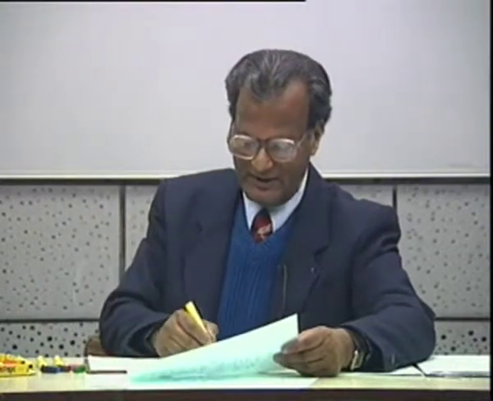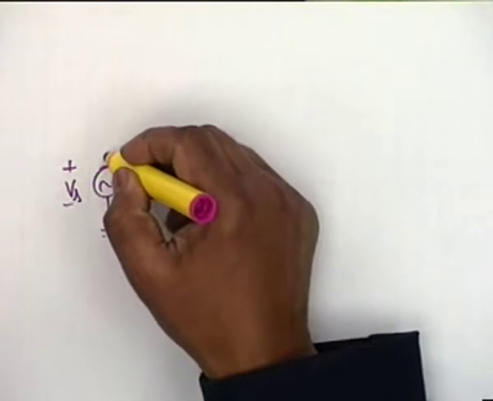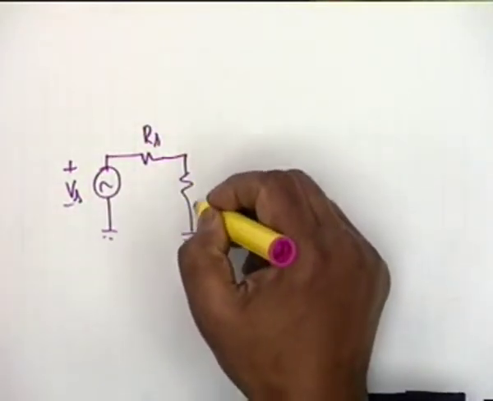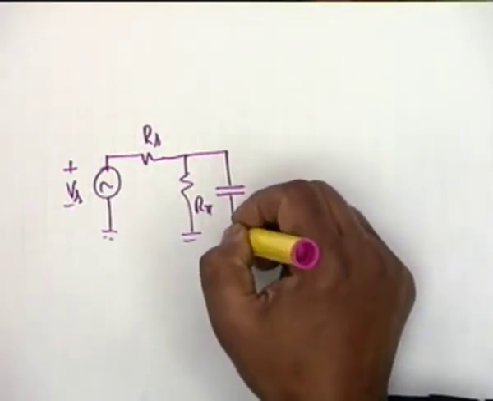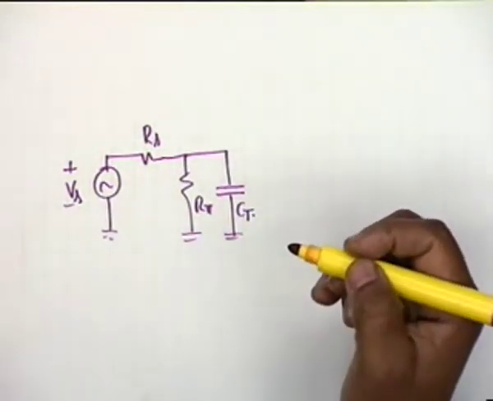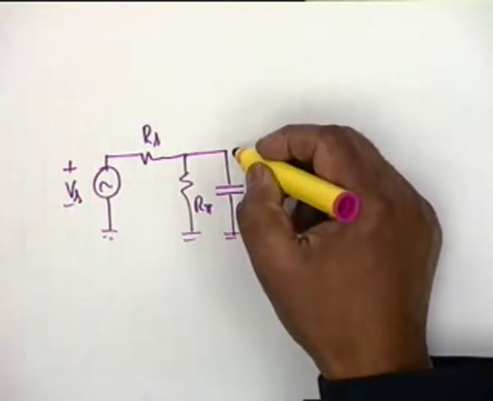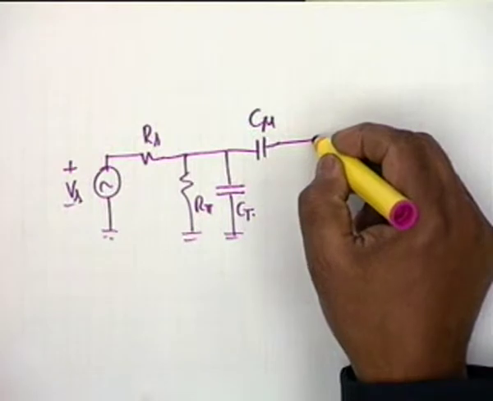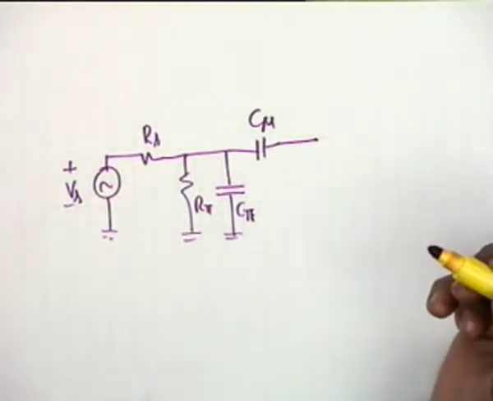If you recall, our exact equivalent circuit was, let's draw this again: RS, R pi, C pi, then you have a C mu, then Gm V pi, then C0 and RL prime.